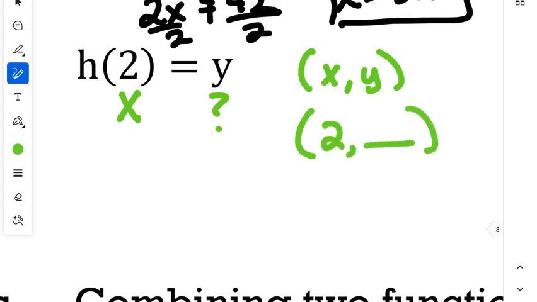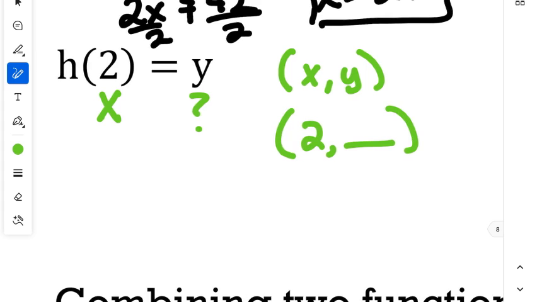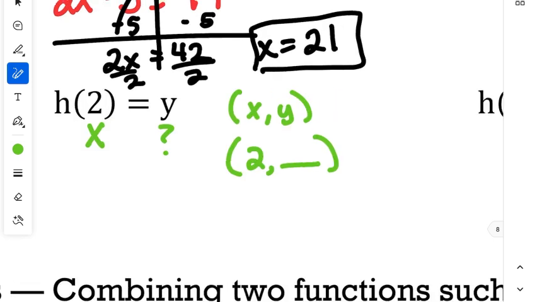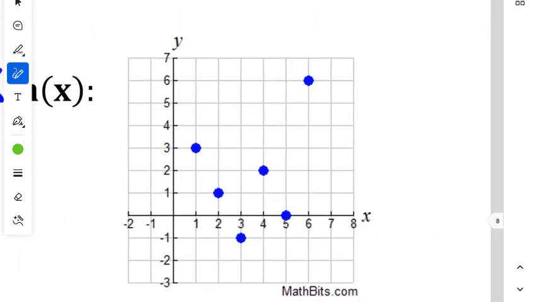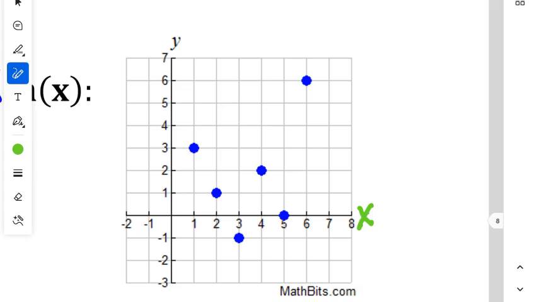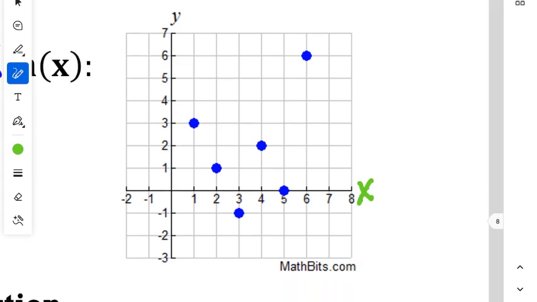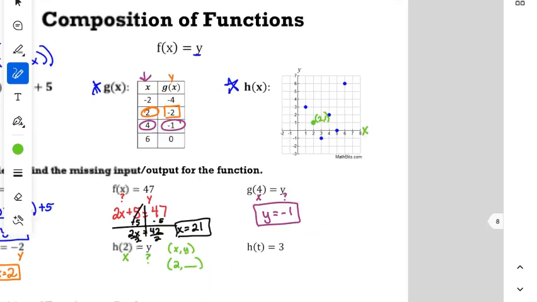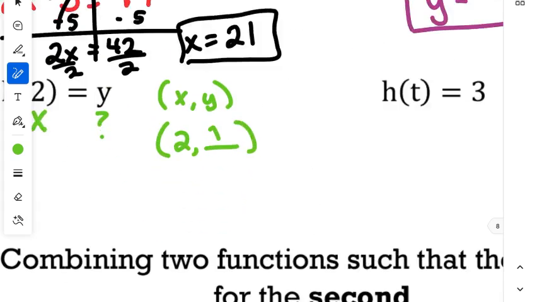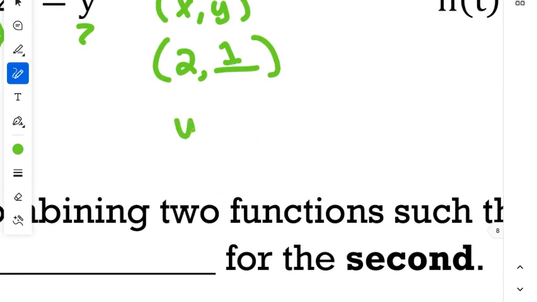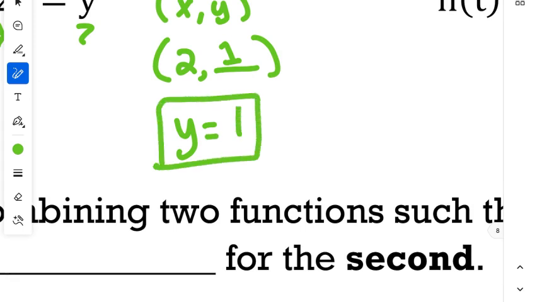So we want 2 comma something to find out what the y is. So when x is 2, what is y? So go to your graph. Look at your x-axis. At 2, what is y? 1, because this is 2 comma 1. So it was the 1 that we're looking for. So it's 1, so y equals 1.